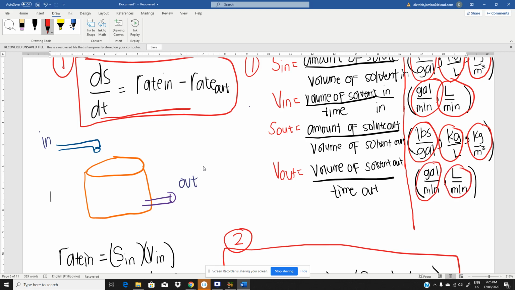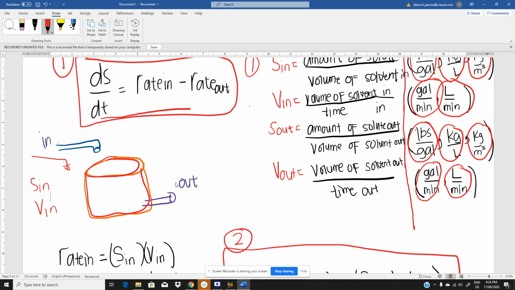So, in order to solve mixture problems, we should always illustrate it first. I have this one. It's like a container, and in this one is going to be our S in and V in.